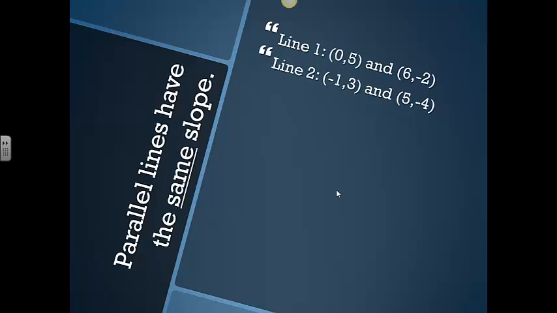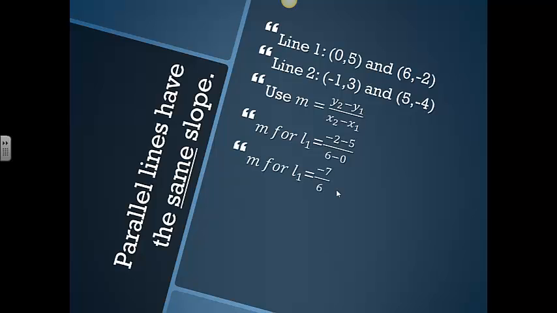So I'm going to use that formula that we used in our first 3 examples, y2 minus y1 over x2 minus x1. So I'm just going to find the slope of line 1. So the slope for line 1 is negative 2 minus 5 over 6 minus 0, which is negative 7 over 6. That is the slope of line 1. I'm going to use that same formula and find the slope of line 2.